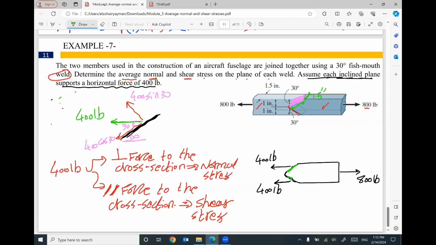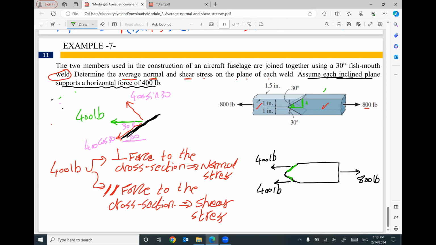So how can I figure out the inclined distance for this cross section? I have to use the right angle triangle. So if we clean up this one, just look here, we have this triangle. This vertical distance is 1 inch. This angle is given how much? 30 degrees.